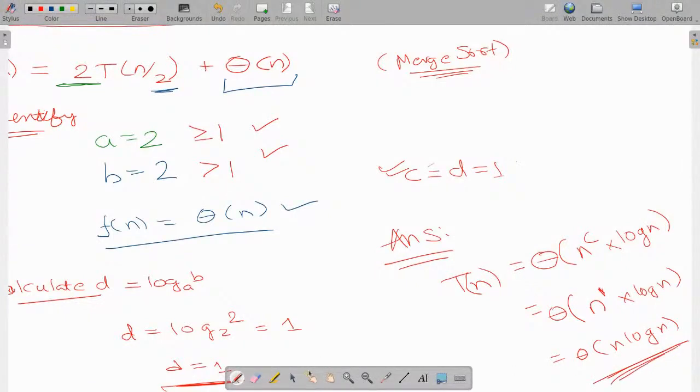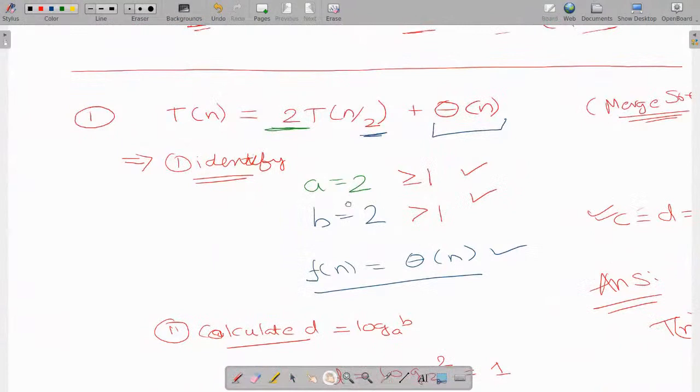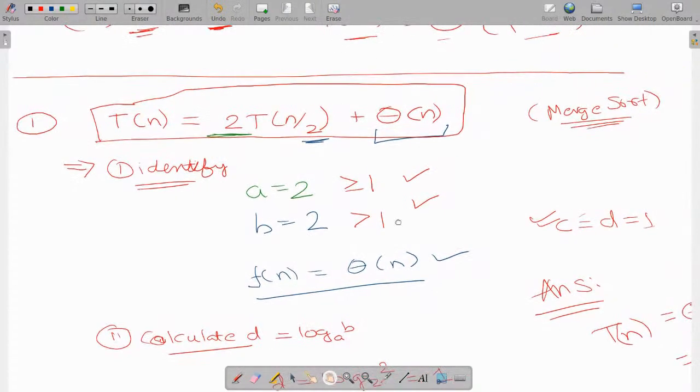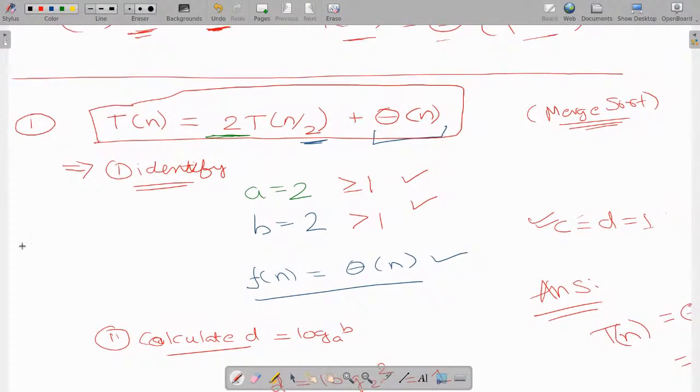So we can fairly say that this recurrence relation, which is the recurrence relation of a merge sort algorithm, has a complexity equal to n log n. Any doubts still here?